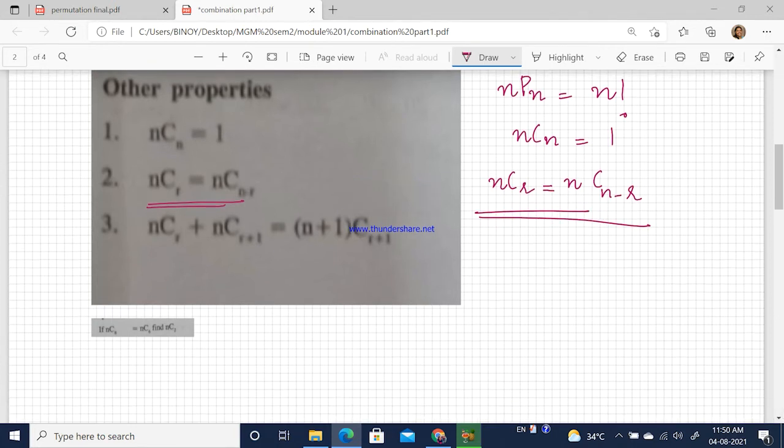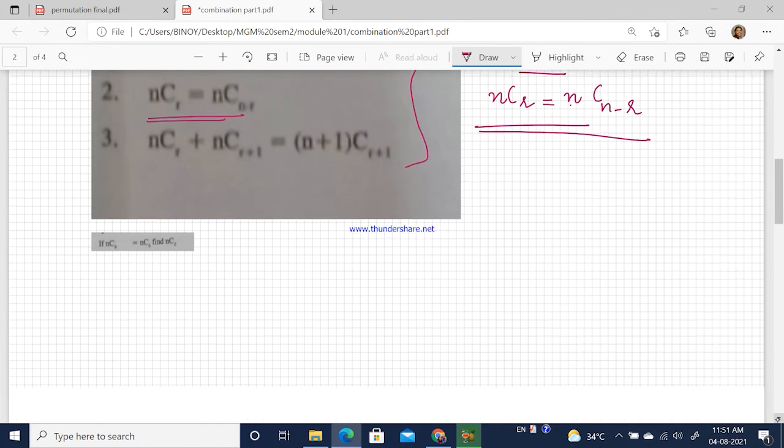Then the last property is nCr plus nC(r plus 1) will be equal to (n plus 1)C(r plus 1). So these are the 3 properties that you come across in combination. Like nPn was n factorial, nCn will be 1, and nCr is nothing but nC(n minus r).